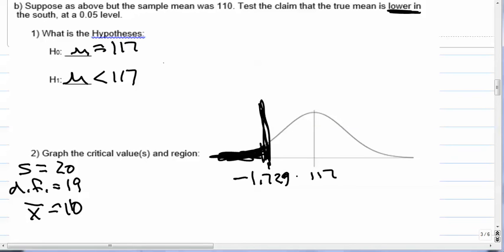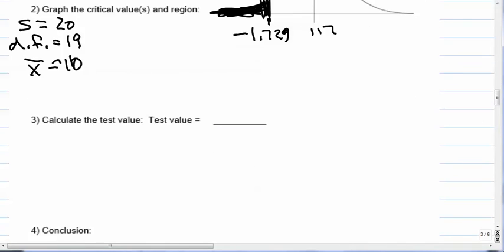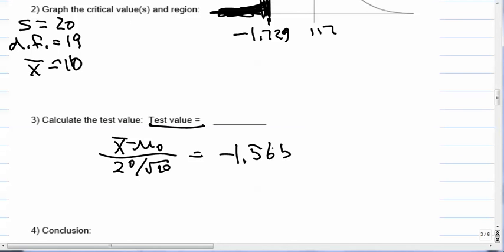We go calculate our test score now, and our test value is going to be, again, the sample mean minus the assumed mean divided by 20 divided by the square root of 20. When you do the calculation, you get negative 1.565.